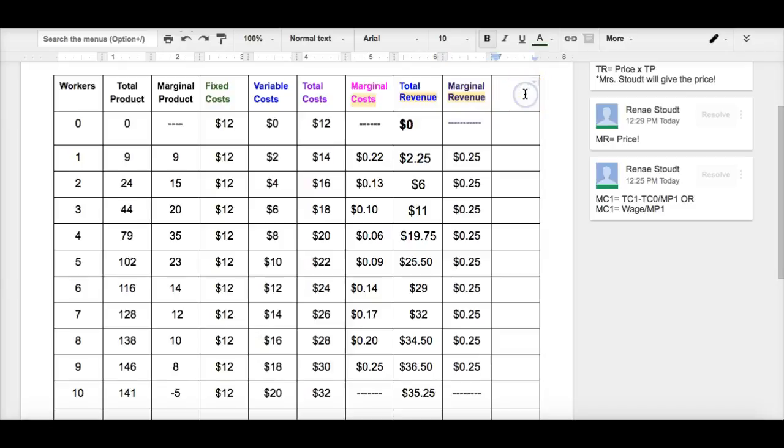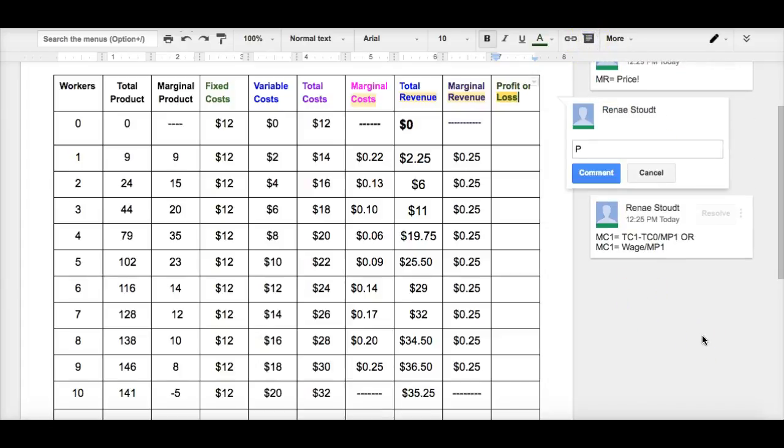Last column is going to be your profit or loss column. How do we know if we are making money or losing money? Well, in order to figure that out, we are going to look at two columns. So I say P or L, for profit or loss, is equal to, first of all, we have to know how much we're totally taking in, and then we also have to know how much it totally cost us.